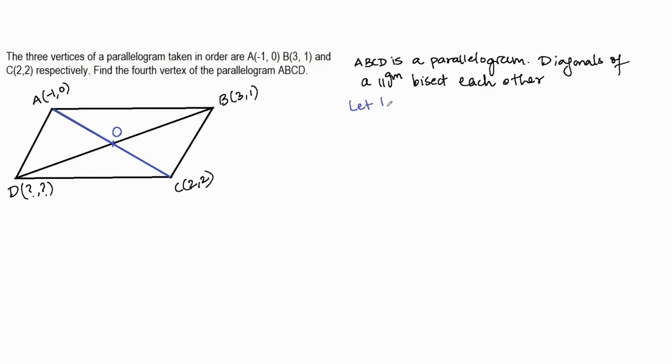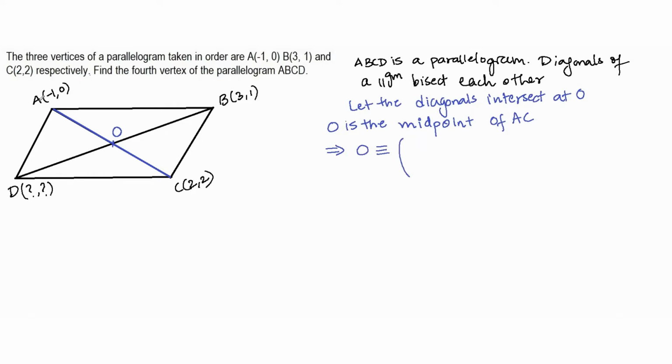So I can say let the diagonals intersect at the point O. So I can use the midpoint formula to find the coordinates of O. So I can say O is the midpoint of AC, which means that the coordinates of O are going to be, I can take the average of the two coordinates, that is (-1 + 2)/2 and (0 + 2)/2.